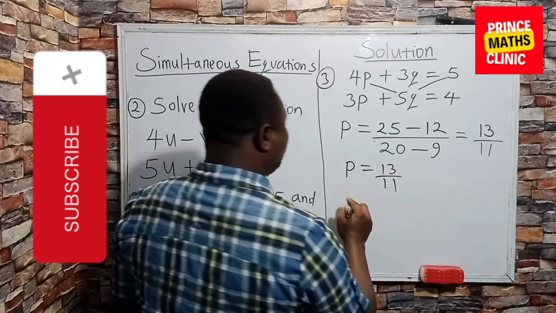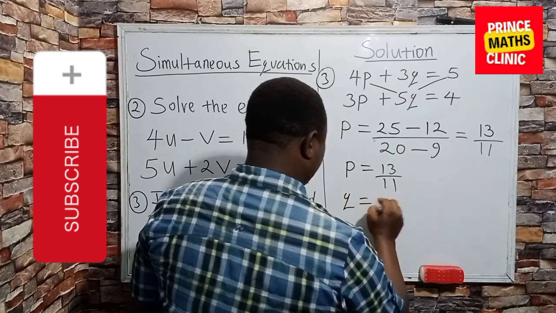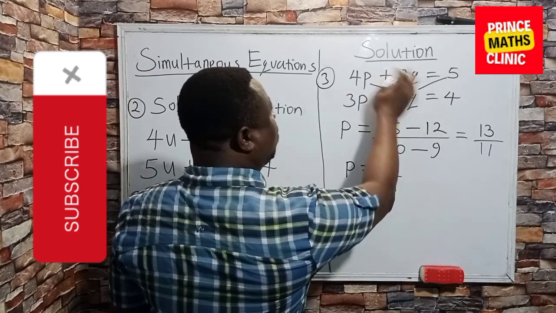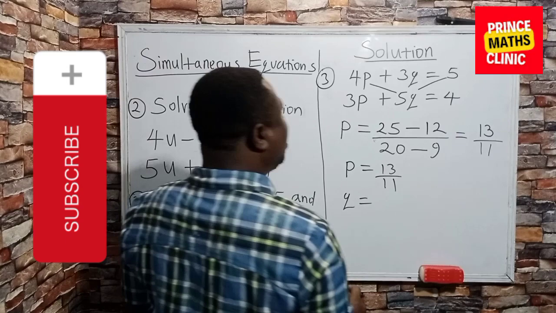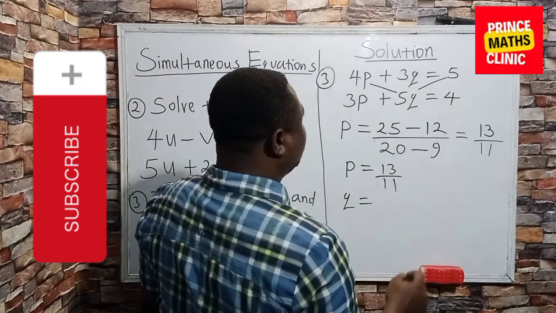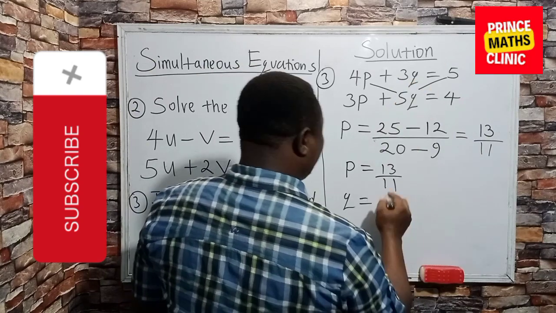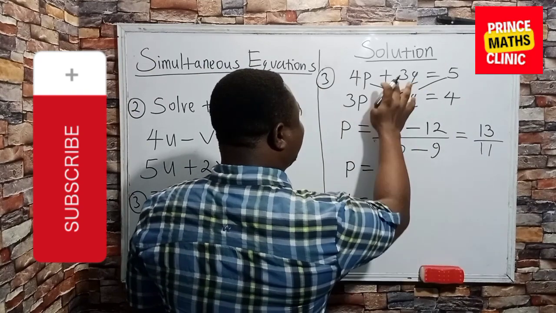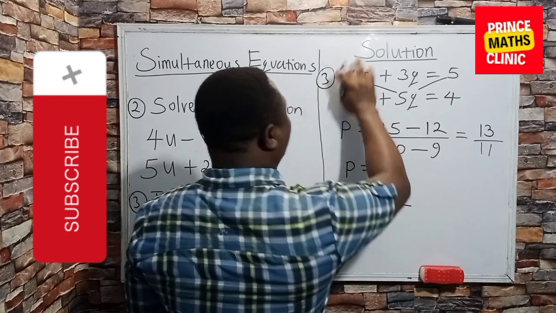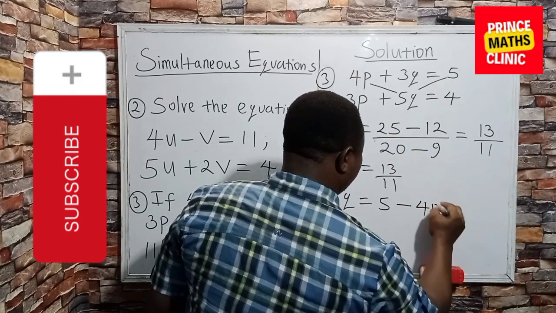We want to get q now. So q can be gotten from any of the equations. So let me use the first equation. Therefore, using this first equation, to get my q, I'll move this here. So this becomes 5. Then when it goes here, it becomes negative 4p.